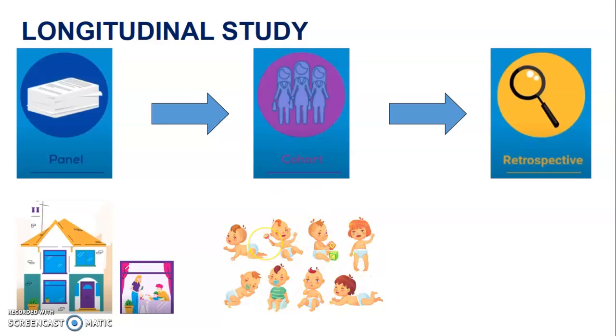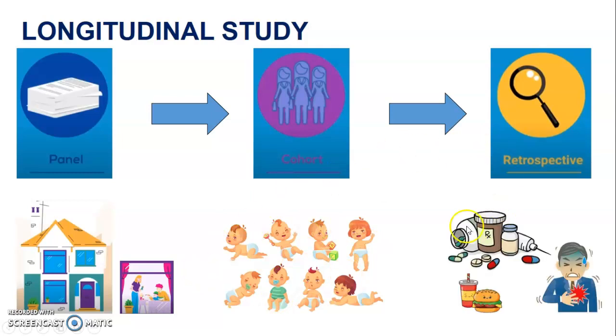And what they might do is conclude, oh well, yes, you're all millennials, but this particular person grew up in this estate, you grew up in this area, and this is where they start to make conclusions. Finally, the next one is retrospective studies, where they might look at a specific area within, like, medicine.